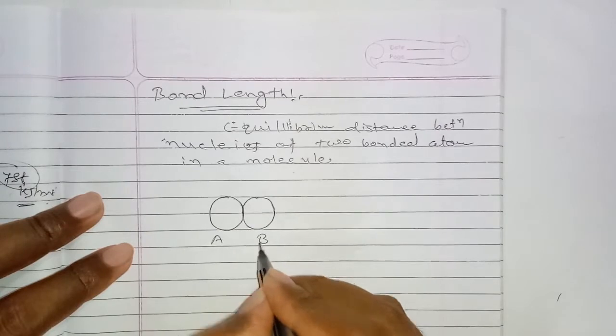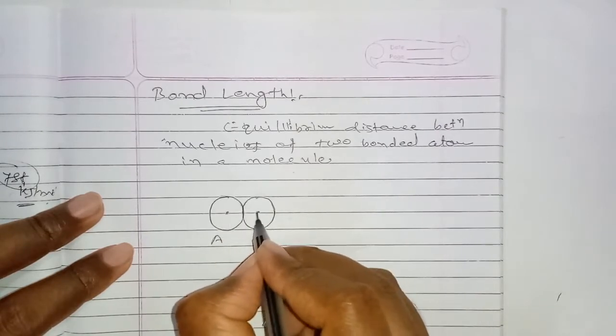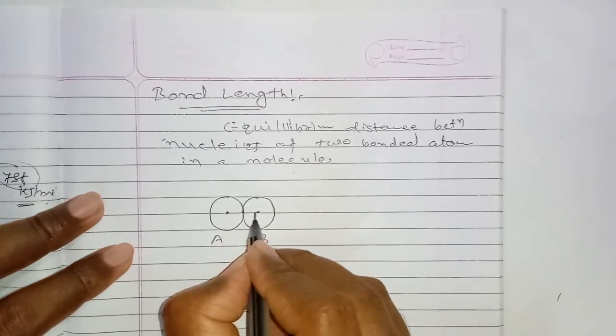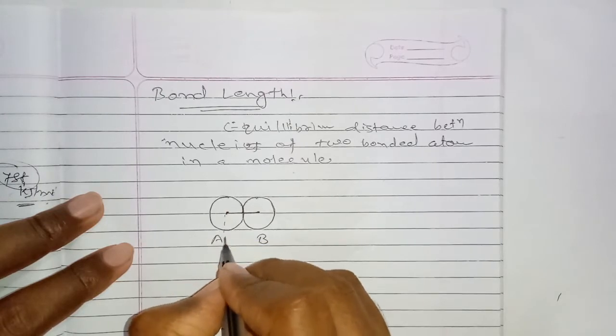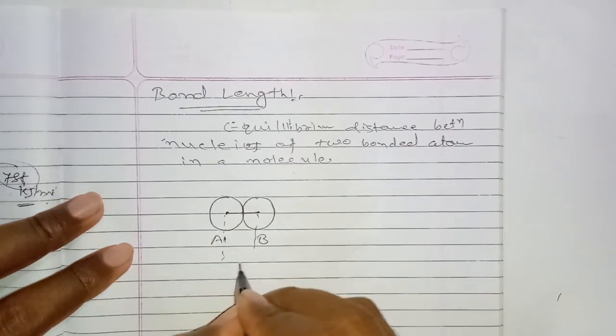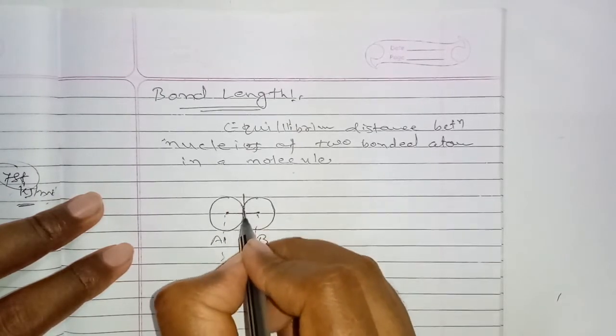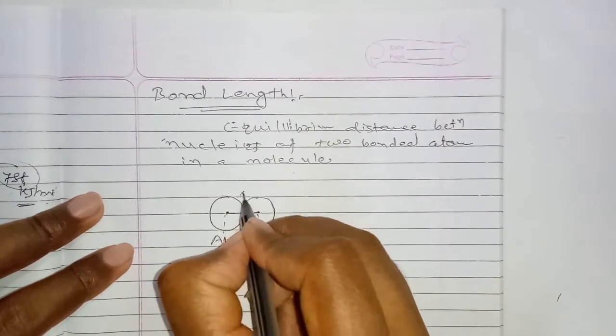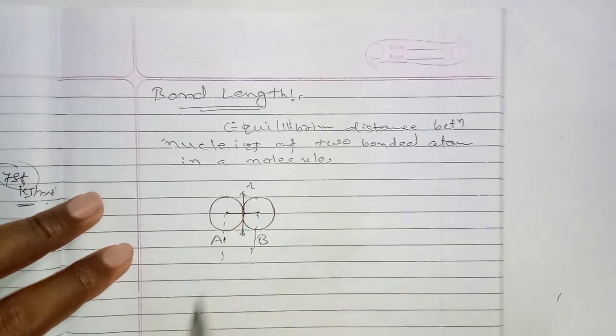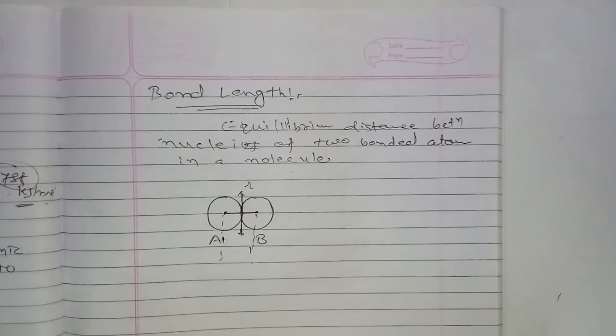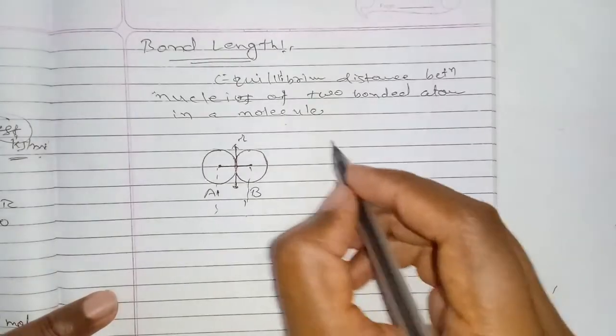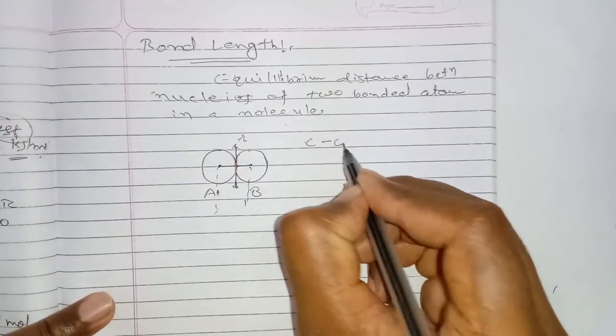Atom A and atom B: the distance between the nuclei is their bond length, and half the distance is the radius.